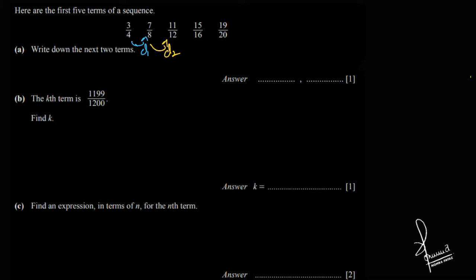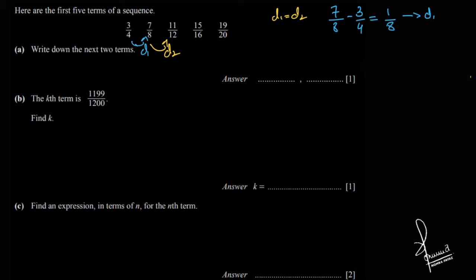Arithmetic में हमने यही बात की थी कि हर अगली टर्म एक सेम अमाउंट से ऐड हो रही होती है, या एक सेम अमाउंट उसमें सब्ट्रैक्ट हो रही होती है. So for this to be an arithmetic sequence, D1 should equal D2, right. लेकिन जब आप D1 निकालते हैं, you get 1/8. कैसे?